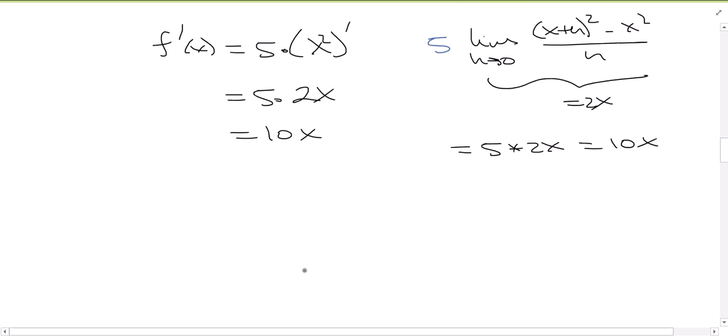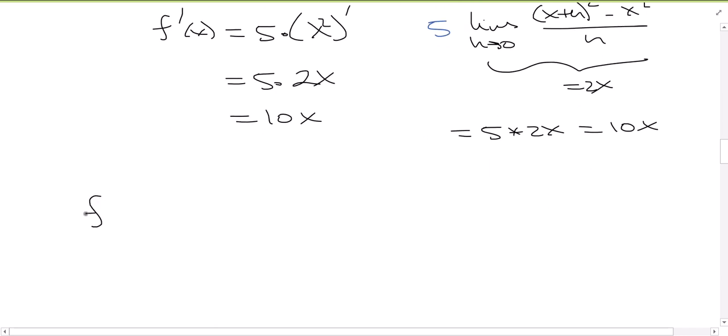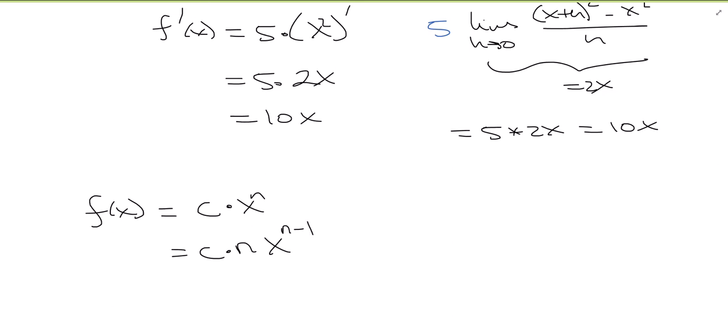So the constant multiple rule is that if I have f of x equals c, some constant, times x to the n, this becomes c times the general power rule on x to the n, so it'll be c times n, x to the n minus 1. So you just have a new coefficient, c times n, whatever that constant was.